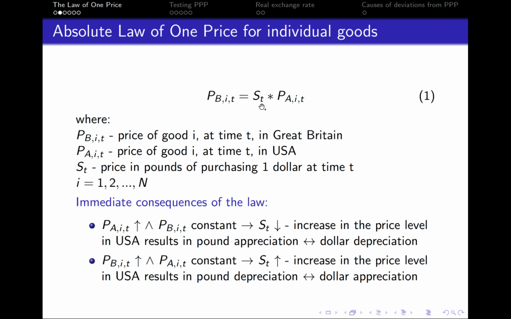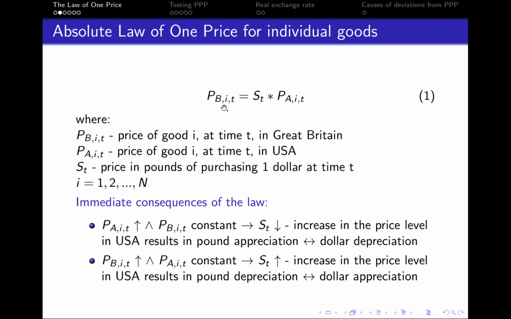And this is what we've got. Look, we are defining the exchange rate here as the price in pounds of purchasing $1 at time t. Okay, so now if we know how many pounds we need to pay for $1, then each dollar price is translated into pounds, and because of that, the relationship holds.